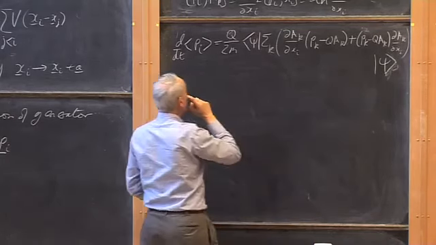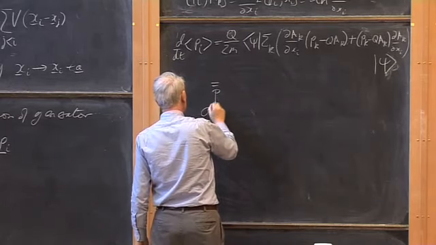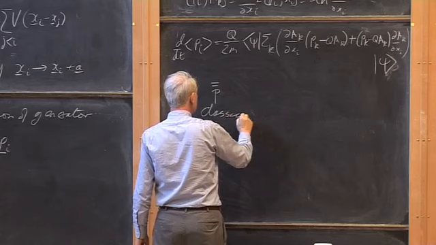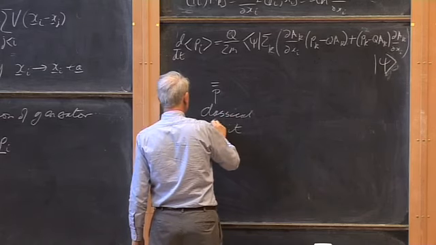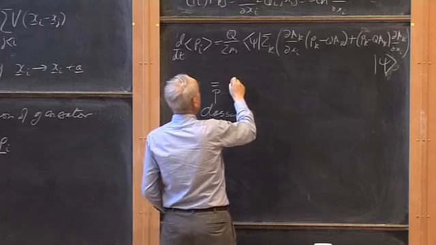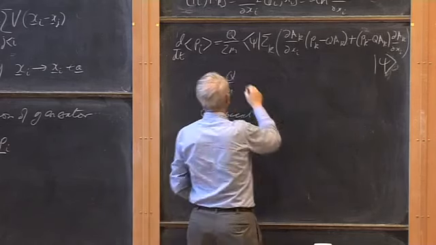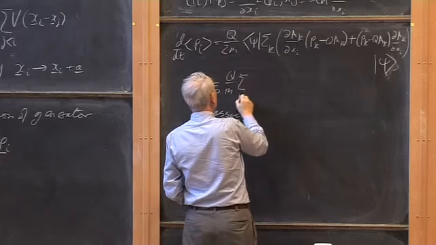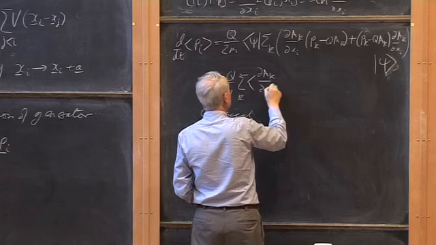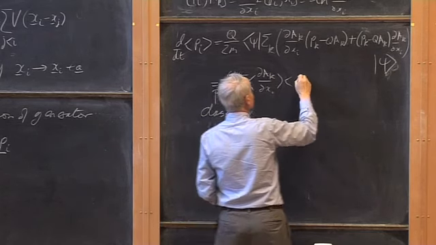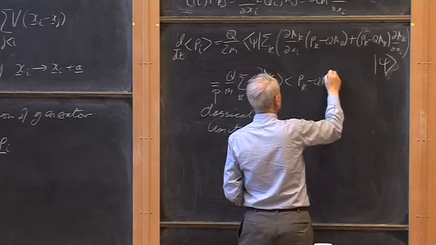So we now say in the classical limit, we're specializing now to the classical limit, when we can neglect fluctuations, we can write this as Q over M, because I'm going to combine these two terms, the sum over k of the expectation value of dAk by dxi times the expectation value of (pk minus q Ak).